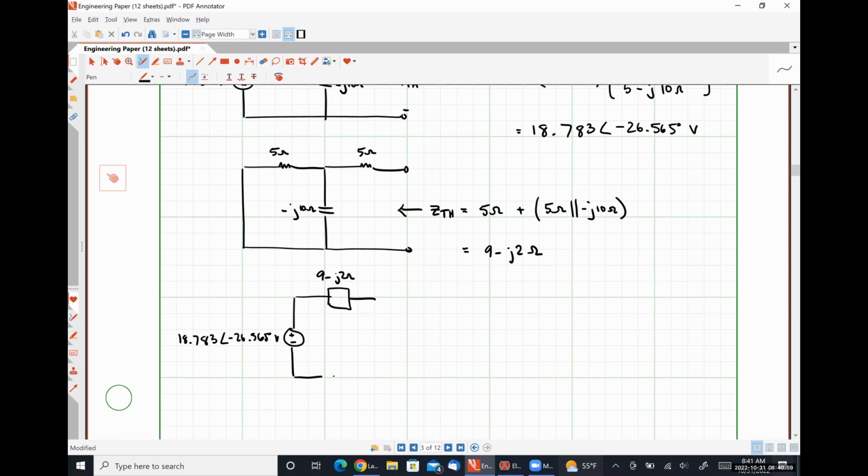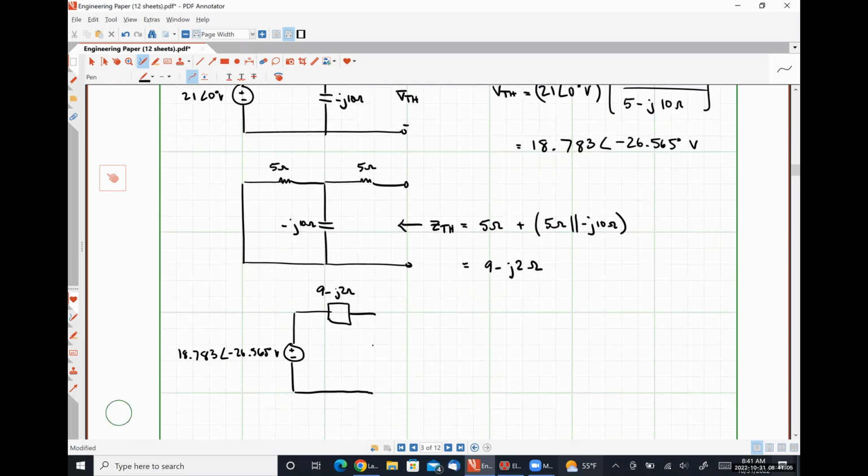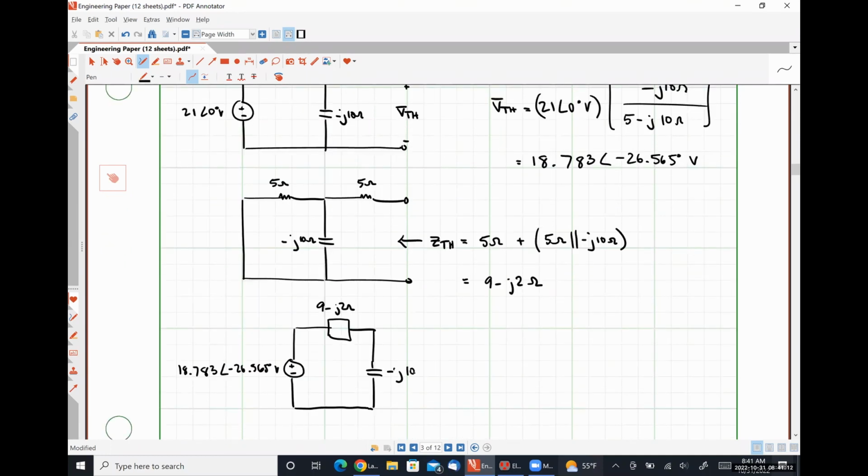And now we connect this to everything to the right of the red line. So we have our capacitor that was minus J10, I think, through which our current IX is flowing. Here we have our 5 ohm resistor. Here we have our 10 angle negative 90 degrees volts source. And I would argue this just got much easier to analyze, right?